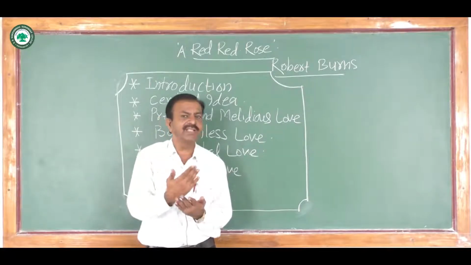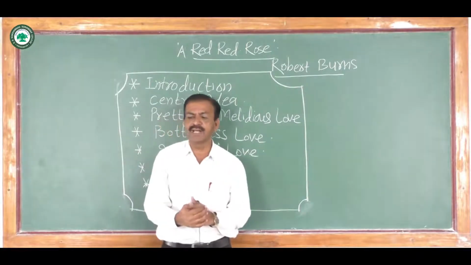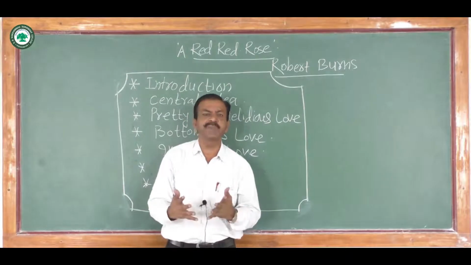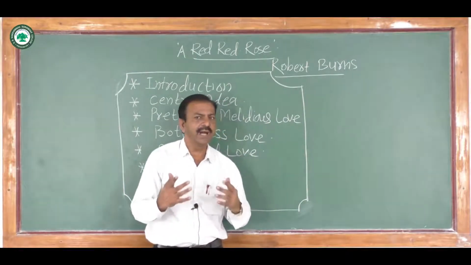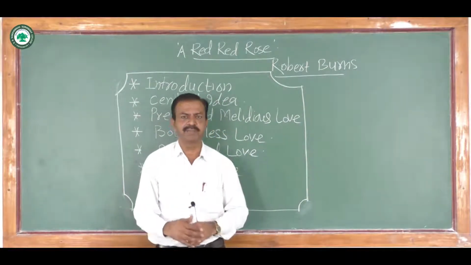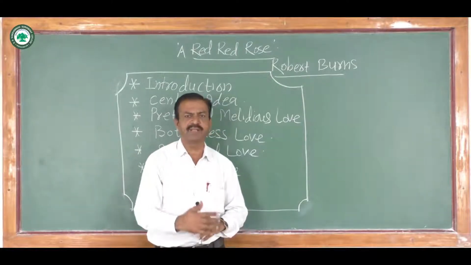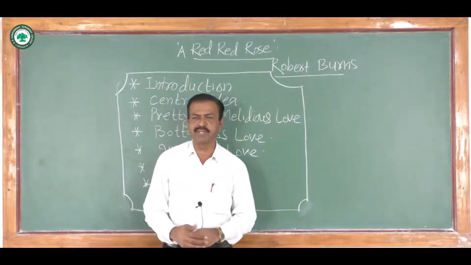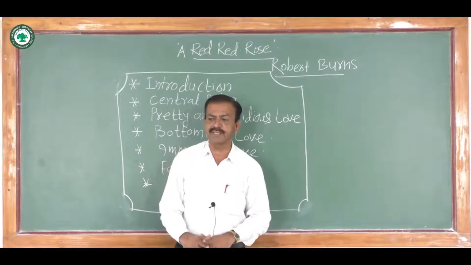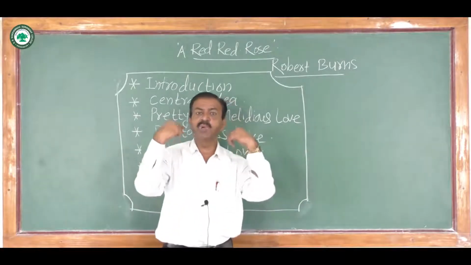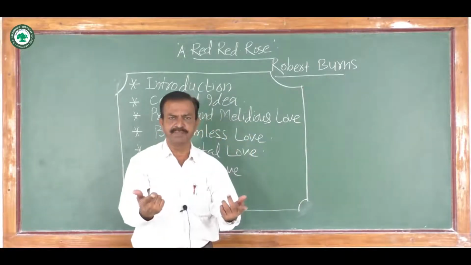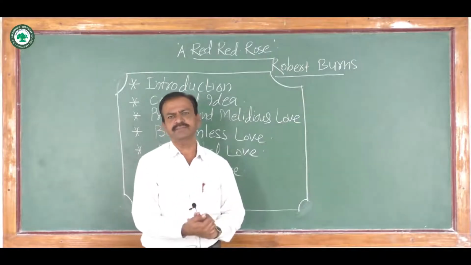And in the third line of the second stanza, the poet expresses that his love is not a temporary one. It is the perpetual one. It is the permanent one. And so the poet says, and I will love thee, T-H-E-E. This is the old spelling.